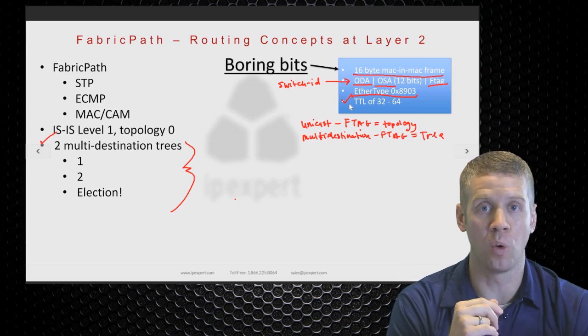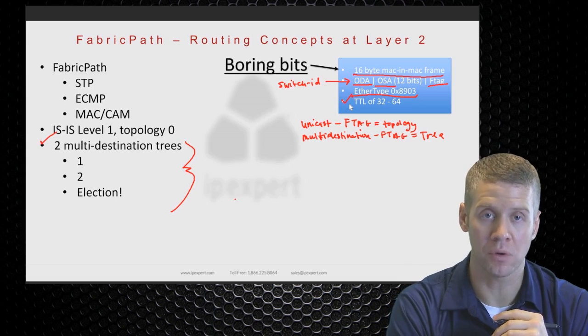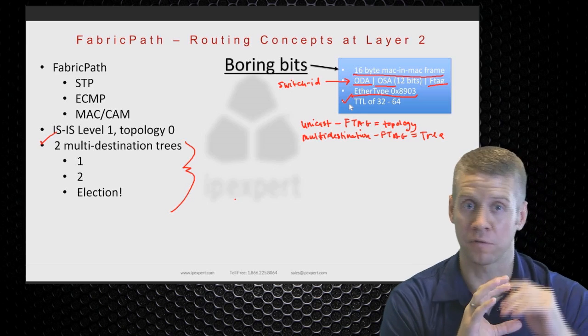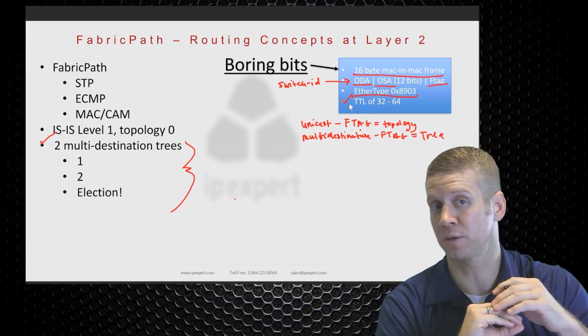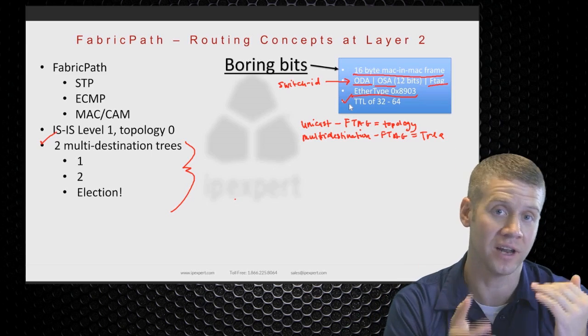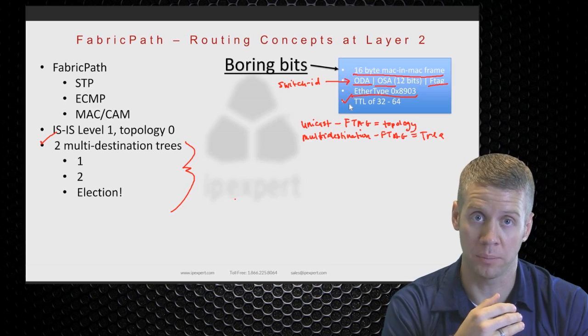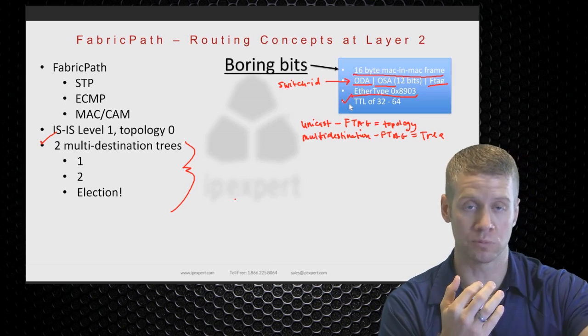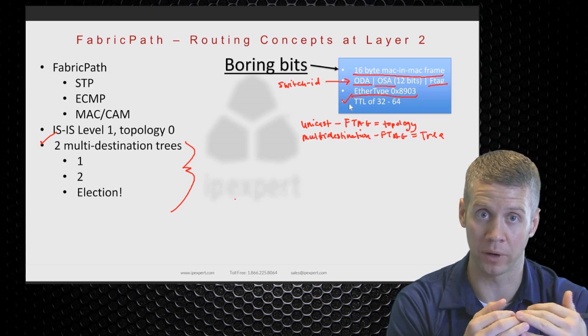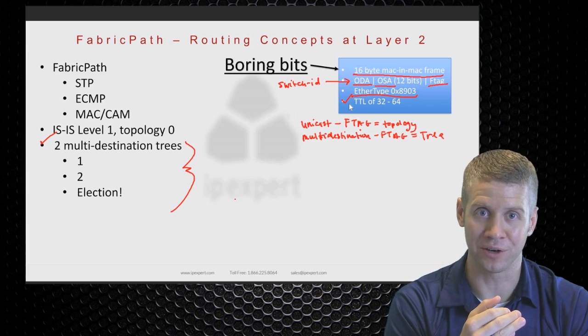We brought in the old TTL field, okay? Everyone knows what TTL is, right? Time to live. So if a frame starts bouncing through our FabricPath topology, and for some reason, I don't know why, it starts looping, we're going to decrement this TTL with every switch hop, okay? If it gets to 0, we're going to drop it. Again, a basic loop prevention mechanism within the network. It was a good field to bring along, okay?